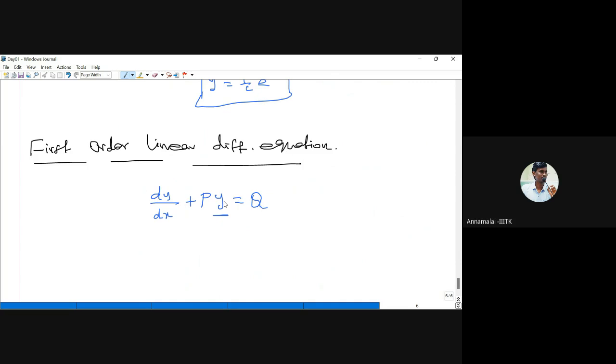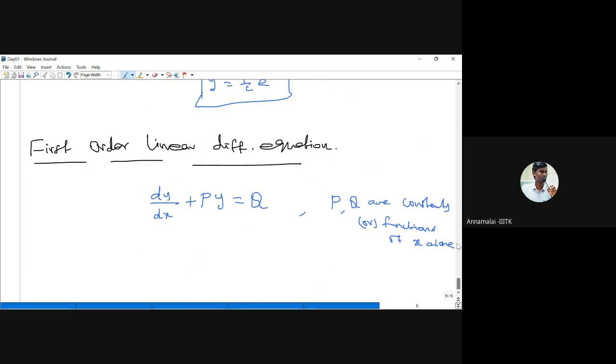Here p and q are either functions of x or constants, not functions of y. Functions of x alone.